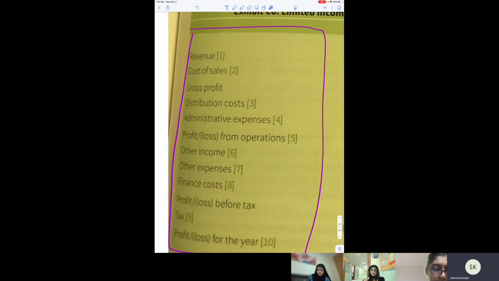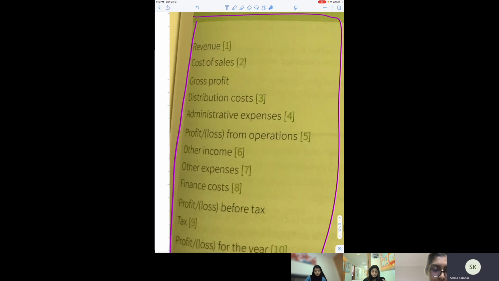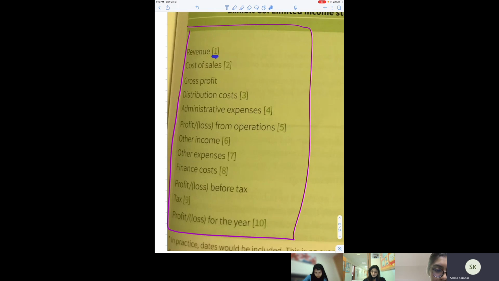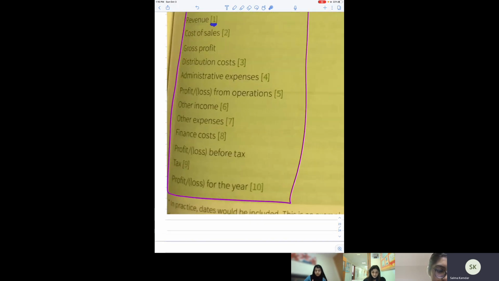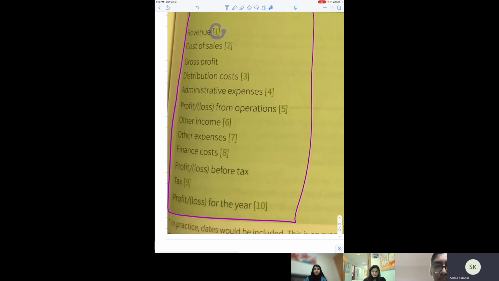First thing, they want revenue. So if you have any sales, less sales return, you do it in a working note and just write the figure of your revenue over here. So that is why they have given this one. Cost of sales. You know your cost of sales is made up of opening inventory plus purchases minus closing inventory.